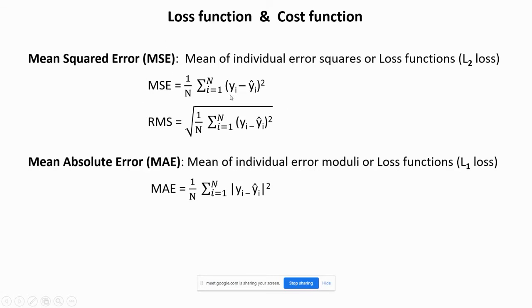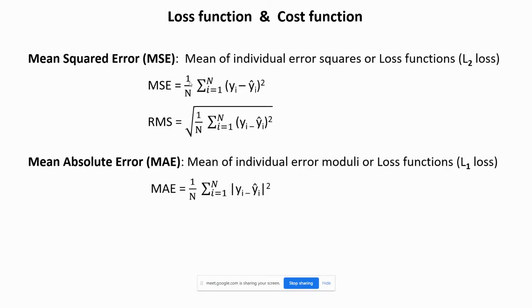For example, if you have your error squared and you take the average or the mean of it, this is mean squared error. Again, you just have to go backwards: you take the error, you square it, and then you take the mean. That is your mean squared error. So essentially what we were minimizing in the last class was nothing but your mean squared error.